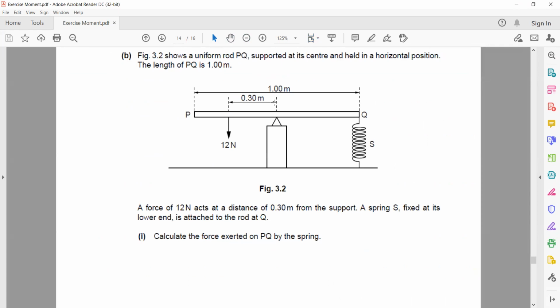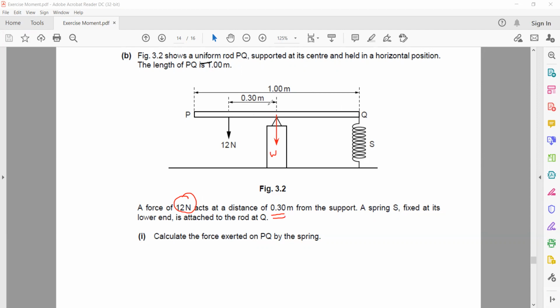Another question related to equilibrium. Figure 3.2 shows a uniform rod. When they say it is uniform, it means they do not mention the weight, but you have to draw an arrow to show the weight. So if it's 1 meter long, the weight will act at the center. A force of 12 Newton at a distance of 0.3.